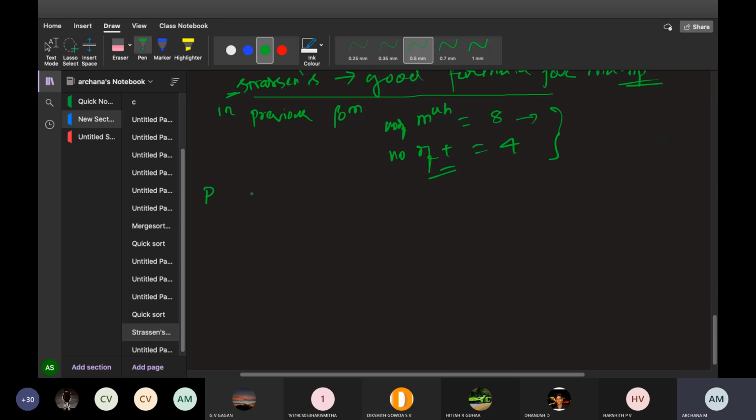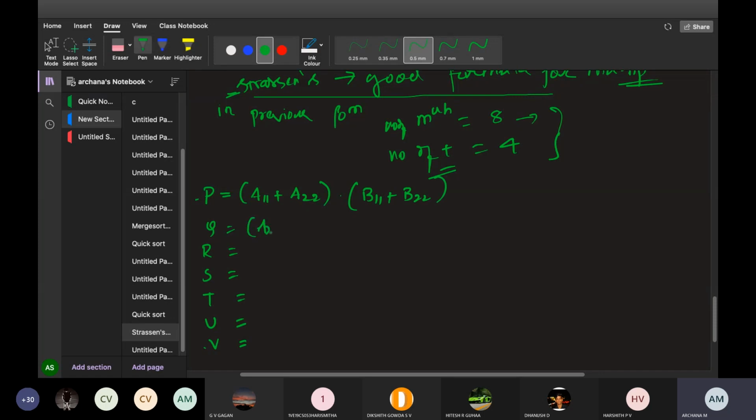To represent the new formula, he starts naming them from P, Q, R, S, T, U, V. So he gave certain formulas that are inbuilt, and we cannot change them. P is equal to (A11 plus A22) into (B11 plus B22).